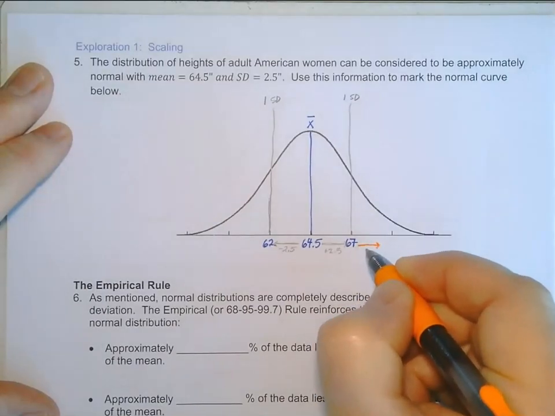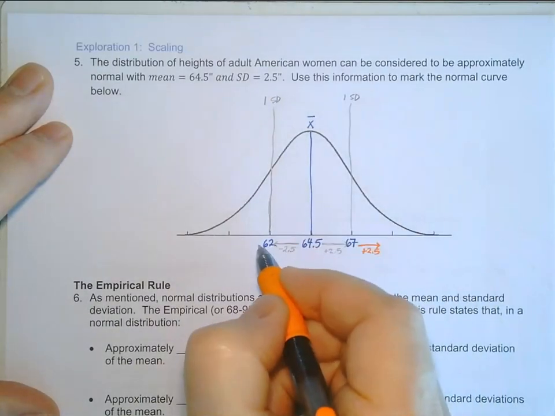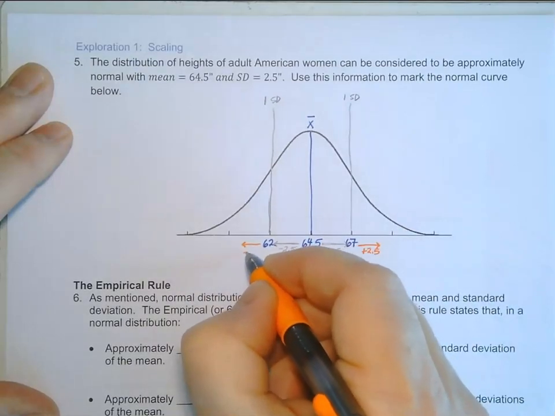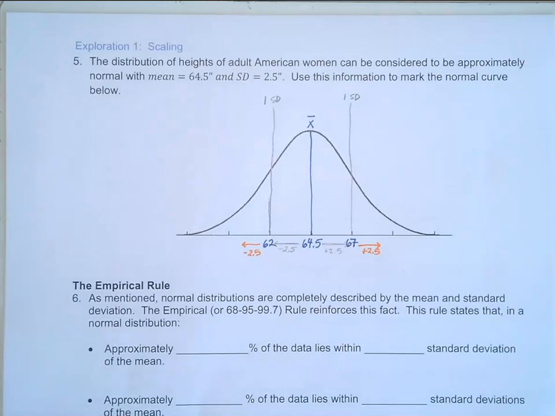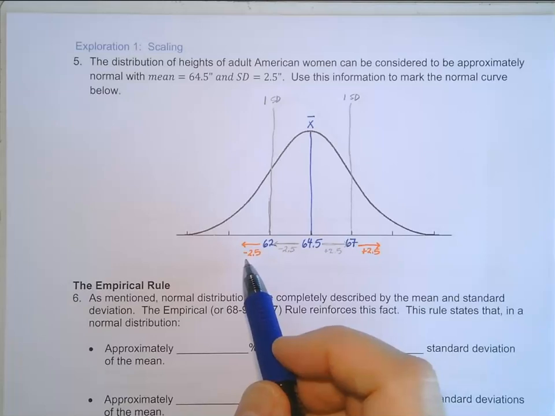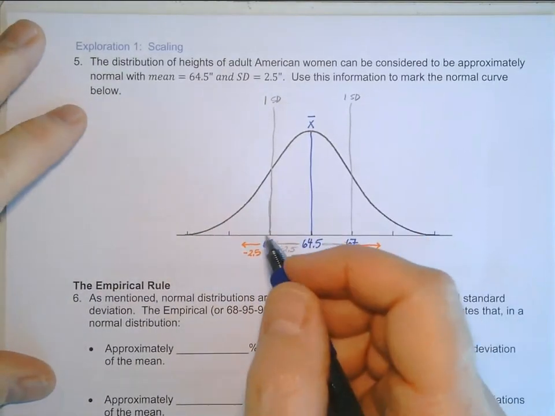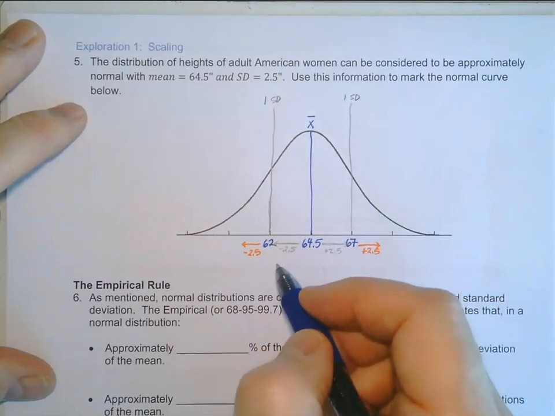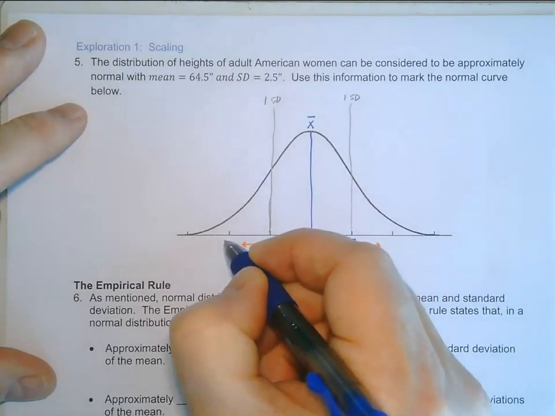So I'm going to go over another 2.5, or subtract, down 2.5. Notice here, 62 minus 2.5, well 62 minus 2 is 60, subtract another 0.5, isn't this 59.5?